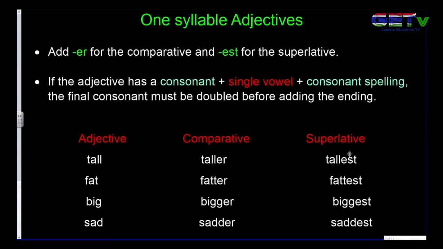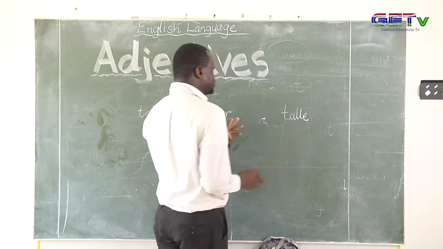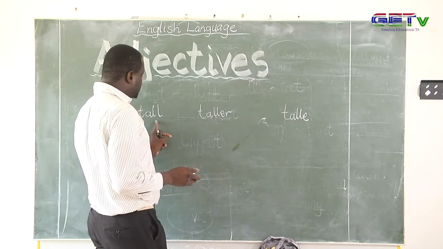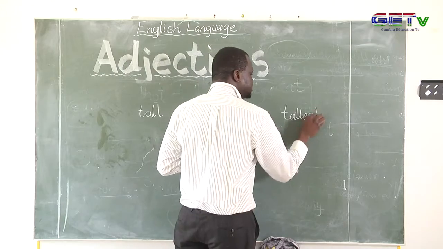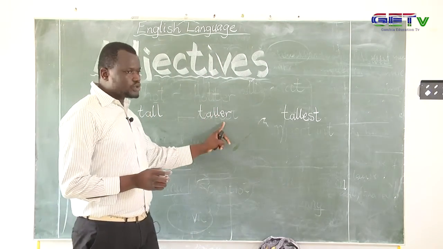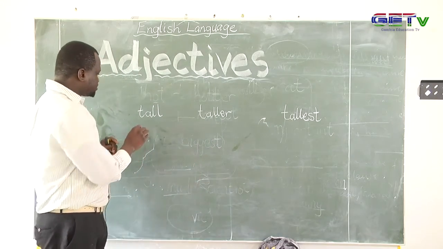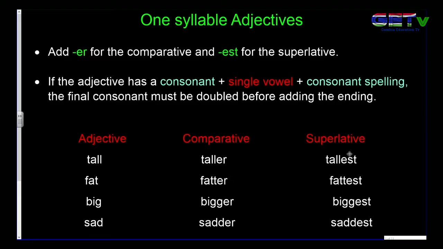When you compare two things, you add ER, you say taller. And then when you compare 3, you add EST to the original adjective, tall, EST, and now that becomes tallest. Tall, taller, tallest.